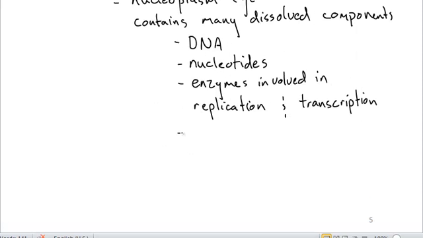They sort of advertise the party, say, come on over. Remember that we called them our A-listers. That's right, our transcription factors. So those are just a few of the things that are going to be in the nucleus, or dissolved in the nucleoplasm.